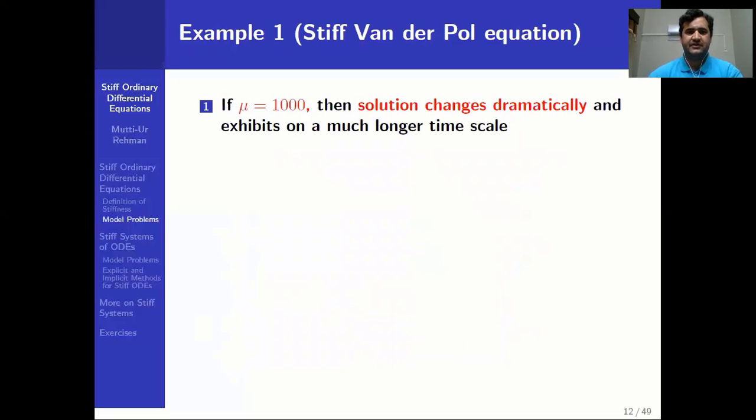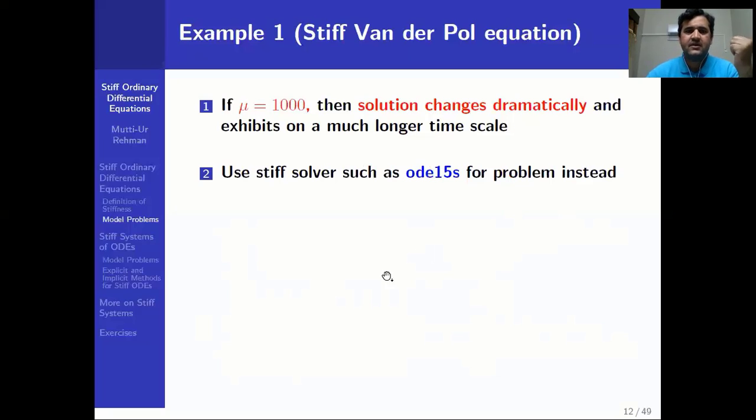Okay, so let's say if I choose the damping parameter to be 1000, then you will see that the solutions of the van der Pol equation change dramatically actually. Okay, of course, you take a very large time. And of course, you can use ODE15S instead of ODE45, because it will perform much better.